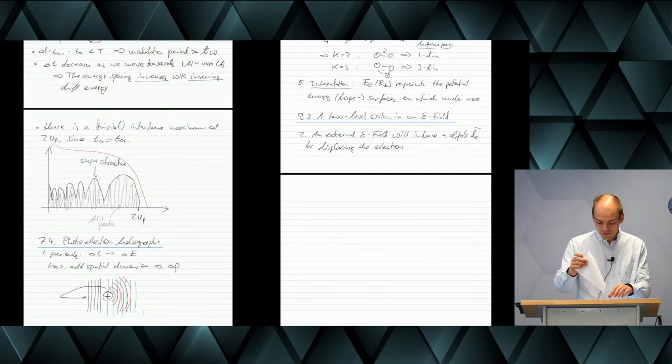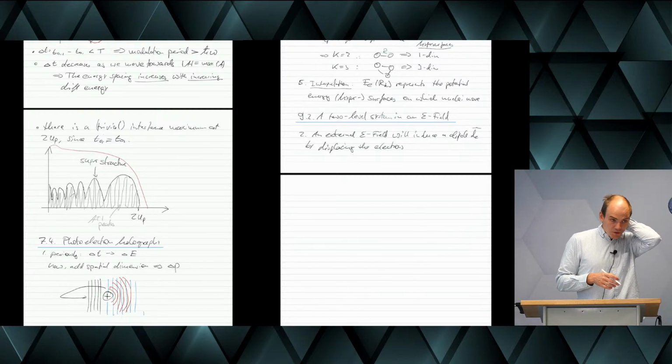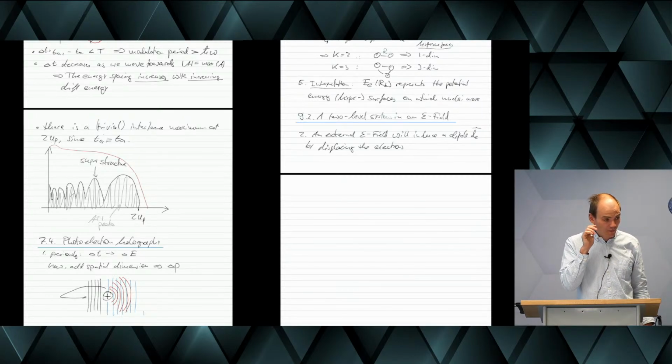And then via this dipole, the molecule interacts with the laser field.